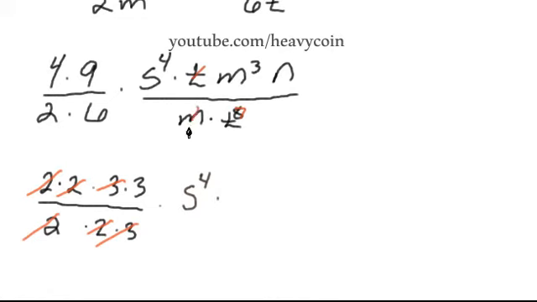And I'm going to cancel out this m, and then we'll just be left with 2 of the m's up here. Hopefully you didn't get too confused on that. That's going to be m squared times n over, we cancel that m out, and we're just left with t to the 7th in the denominator.